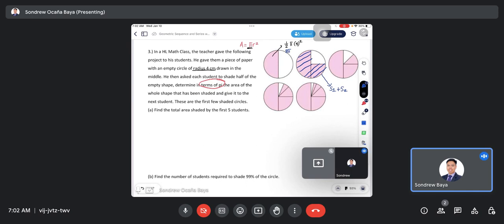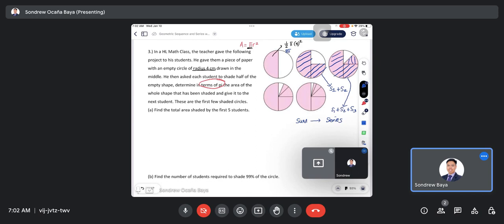And as we proceed to the next circle, the area shaded is by student 1, student 2, and student 3. In other words, the total area shaded serves as the sum. Since it's the sum, therefore, this is a series, not a sequence.